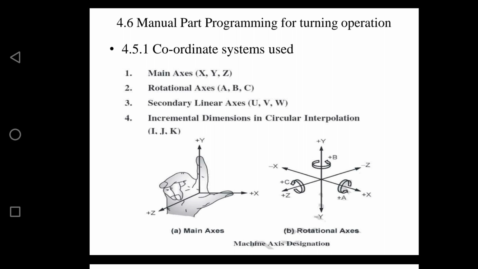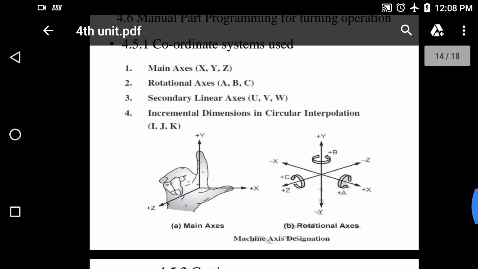Before going to that, you have to know the coordinate systems that are used. You only know the coordinate systems X, Y, Z. You may not know the rotational axes, the secondary linear axes, or the incremental dimensions.